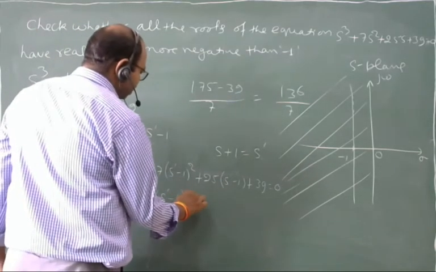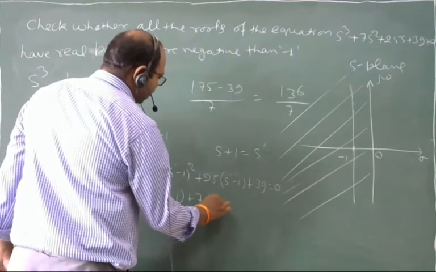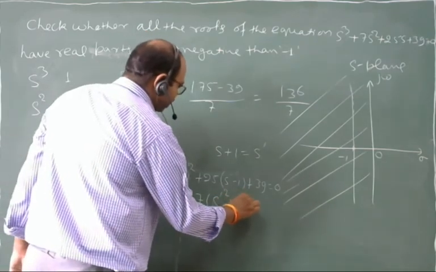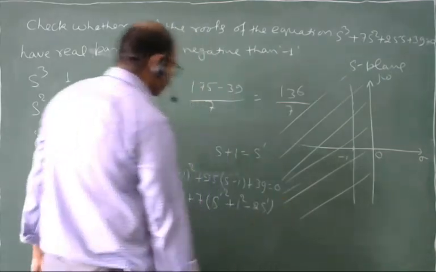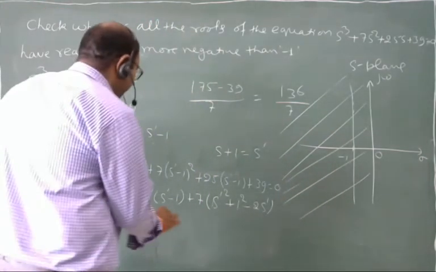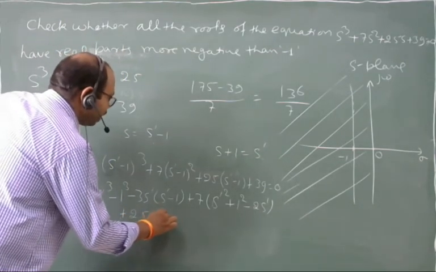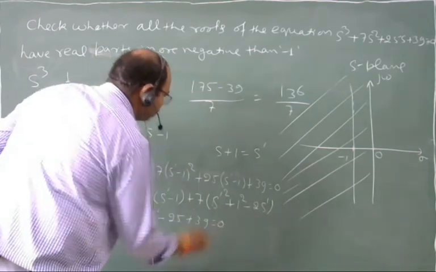Here plus 7, a square plus b square minus 2ab. Here 25 S dash minus 25 plus 39 is equal to 0.